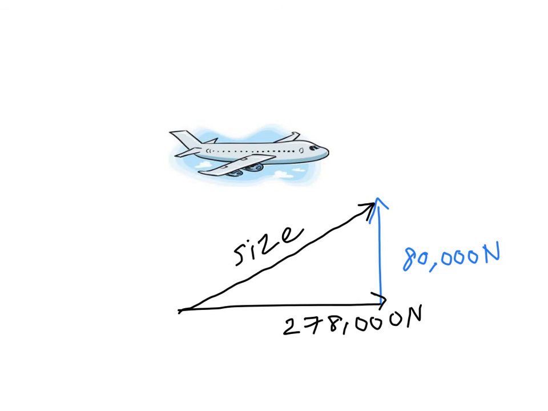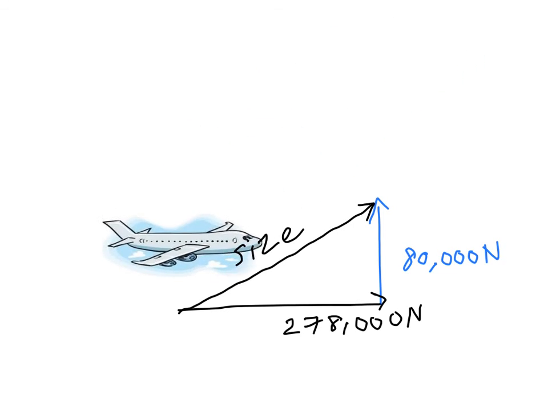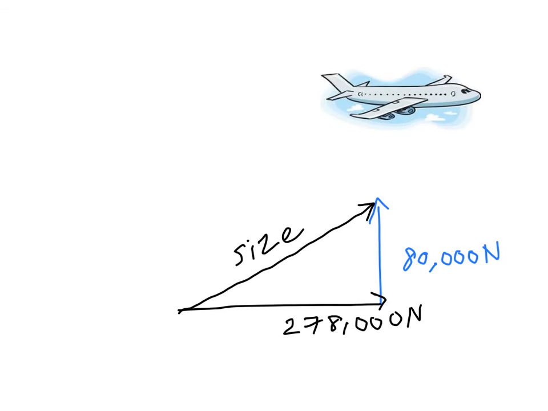But if you use Pythagoras, and do a simple calculation using the squares and take the square root, you should get the size of that. But the direction, again, you get the angle here, and that will be the direction of the resultant force. So the actual aeroplane will be moving in that direction.